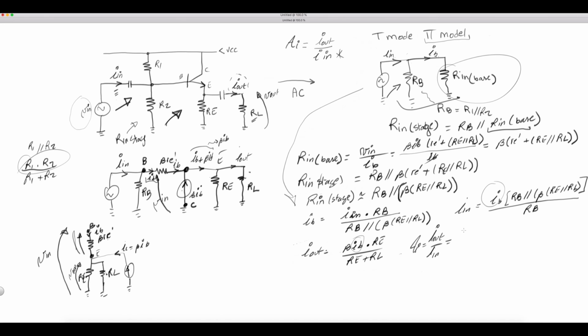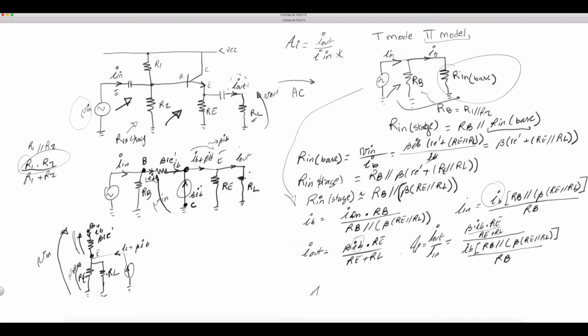So I can take this one right here: beta IB times Re divided by Re plus RL, the whole thing divided by IB times RB in parallel with beta RE in parallel with RL, everything divided by RB.